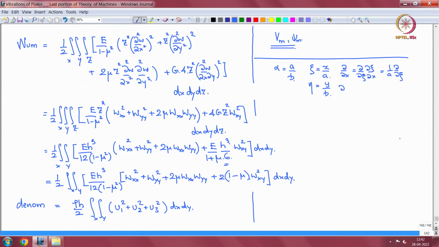Similarly, del 2 by del x square is 1 over a square del 2 by del xi square, and for the same reason del 2 by del y square is 1 over b square del 2 by del eta square.